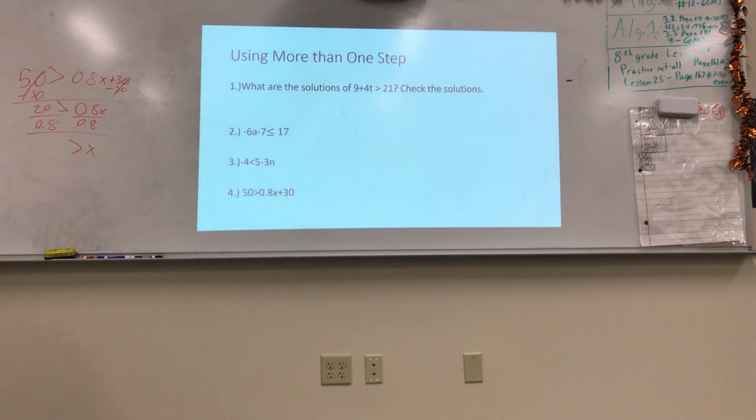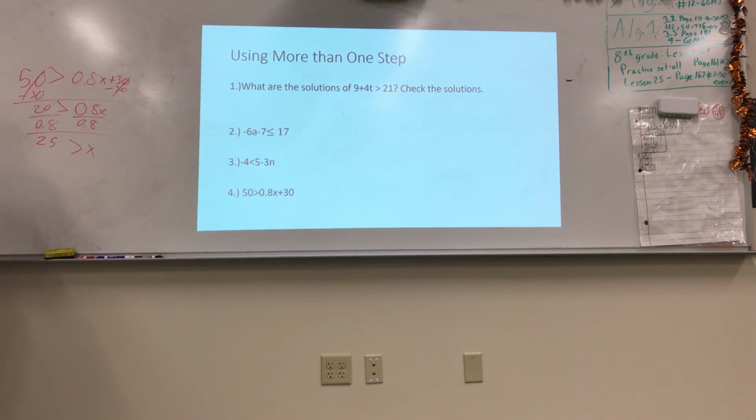That is not something I can do off the top of my head real easy. So we're going to do 20 divided by 0.8, and that's going to be 25. So you'd plug in like 24 or something and see if it works.